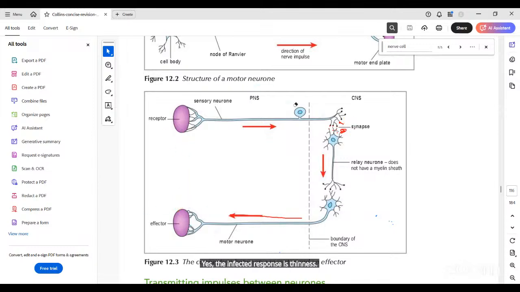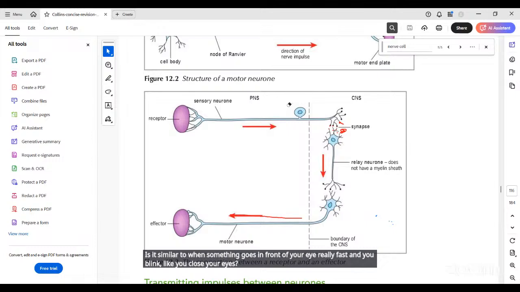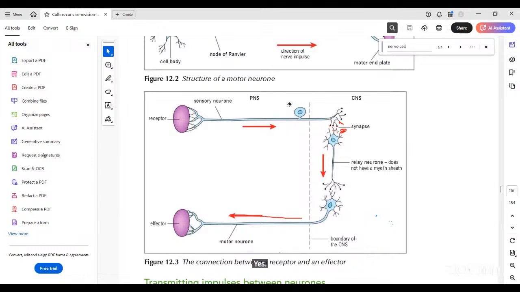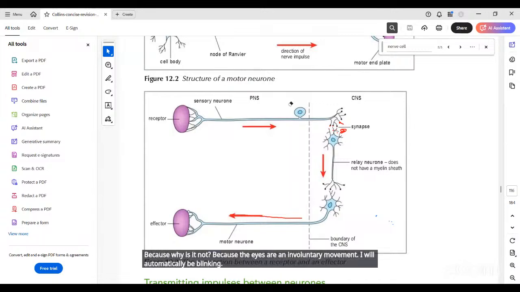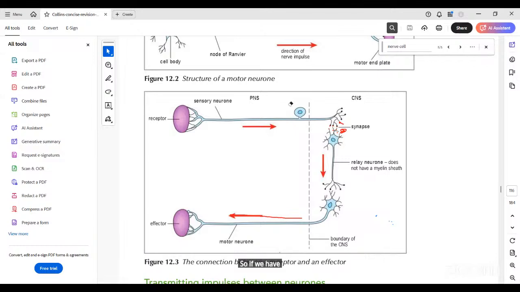Is it similar to when something goes in front of your eye really fast and you blink, like you close your eyes? It's kind of similar, but not quite. Why is it not? Because blinking is an involuntary movement. The eye will automatically be blinking. So if we have our foot on the nail and we take it off, do we really think about taking it off?